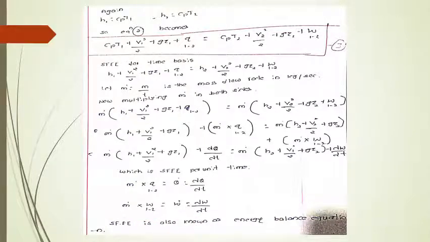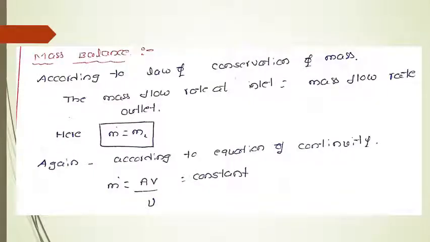Remember this. The steady flow equation is also known as the energy balance. Till now we have balanced the energy. Now let us balance the mass of a steady flow or flow process.